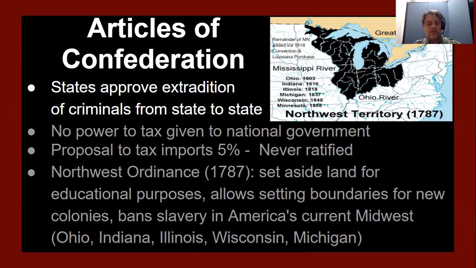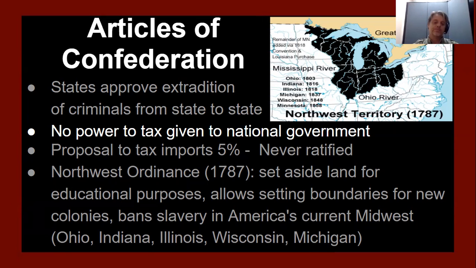All right, some things that were good here. States could approve extradition, meaning if you committed a crime, you couldn't run next door. You couldn't go over to a neighboring state and avoid prosecution for that crime. As you remember, they couldn't impose a tax. They could just beg states for money, but otherwise, the states didn't have to give the national government any kind of money.